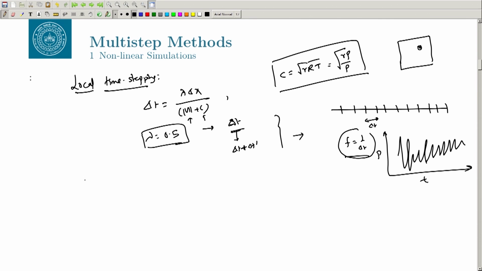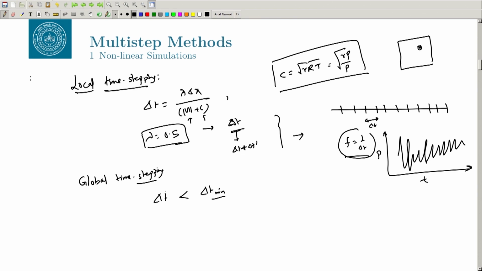The other way to do it requires some kind of CFD experience, but that is very useful, where you basically choose a delta t which is lower than all this delta t minimum across all time steps.